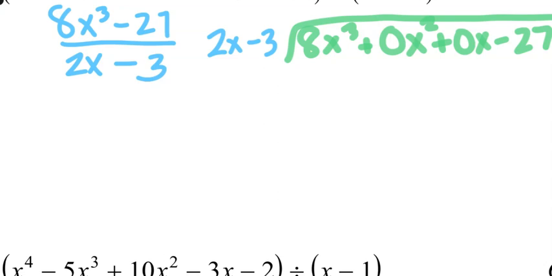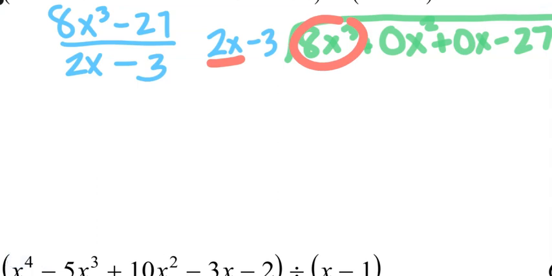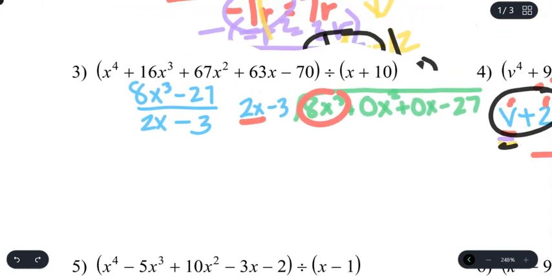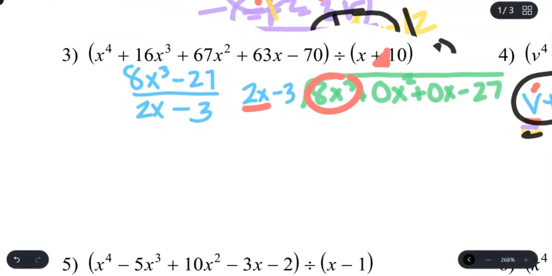So now let's look at the placeholders and how they work. I want to make 2x look like 8x cubed. How do I do that? I multiply by 4x squared.